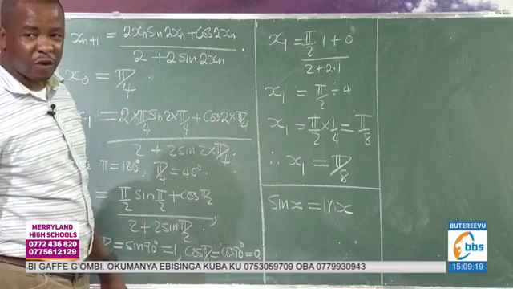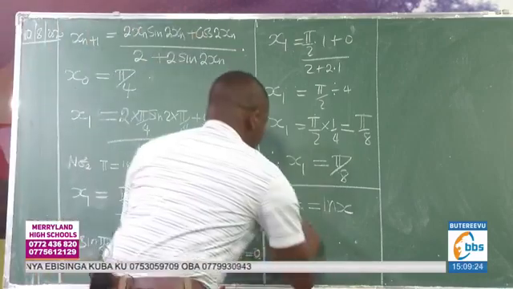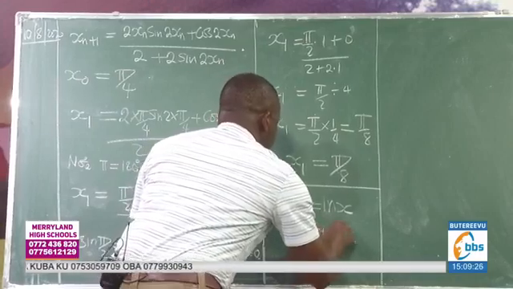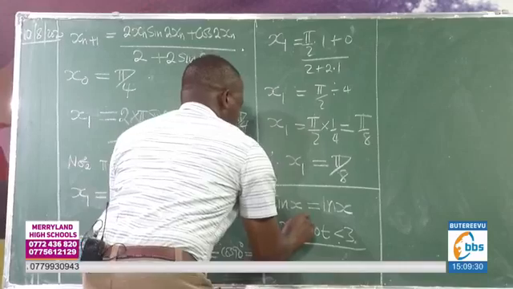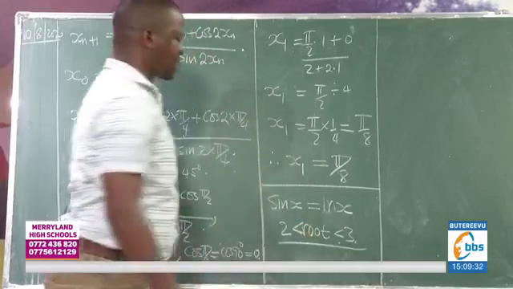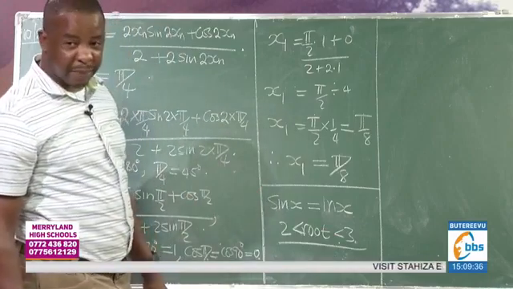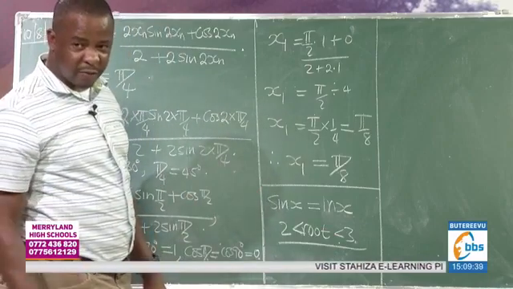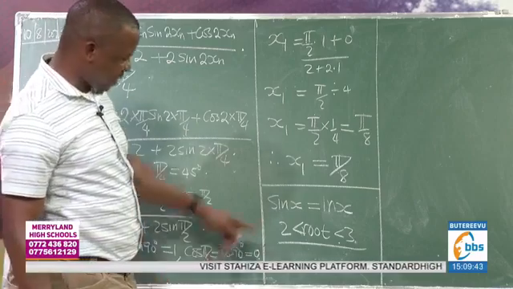Show that the root to the equation lies between x equals 2 and x equals 3. In other words, they want us to show that there is a root between 2 and 3. That root must be greater than 2 but less than 3. Later, they want us to derive a Newton Raphson formula for approximating this root.